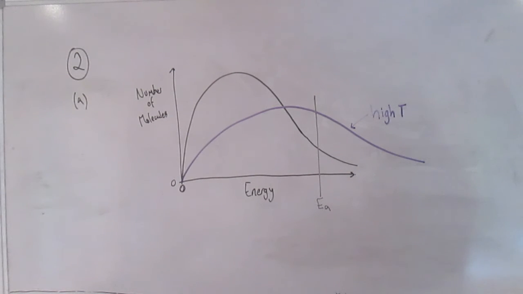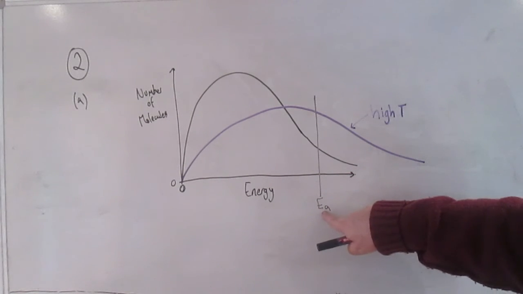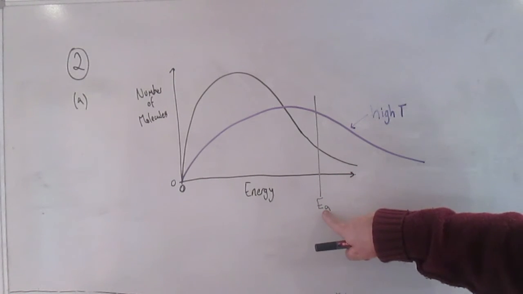However, that's not the main factor. For most reactions, that's a pretty small contribution to the overall temperature dependence, which is why often there isn't a mark for mentioning it. Much more significant is the fact that when collisions happen, the molecules have to have at least this amount of energy.